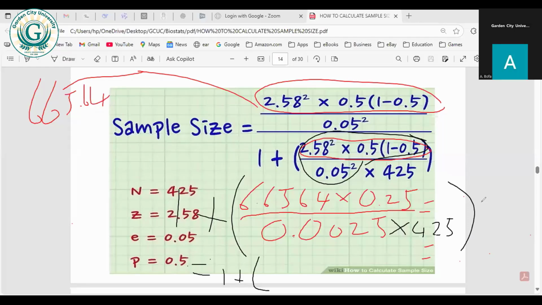That'll give us 1.6641. Good. Divided by 0.0025 times the 425. What are we getting? 1.0624. Good.